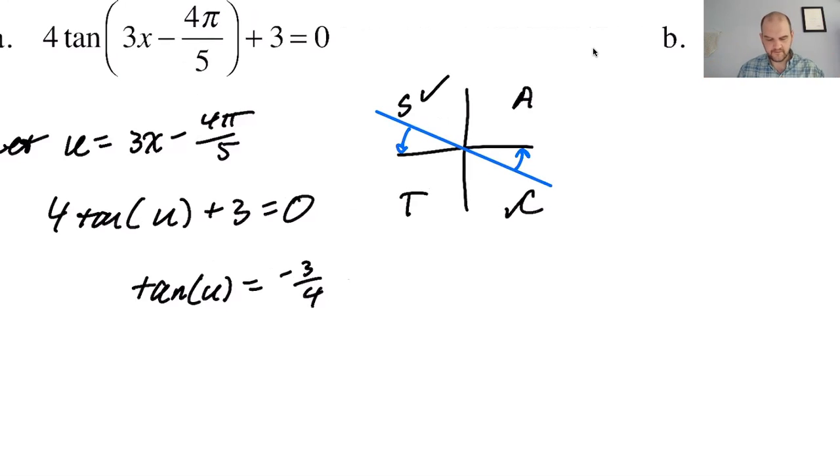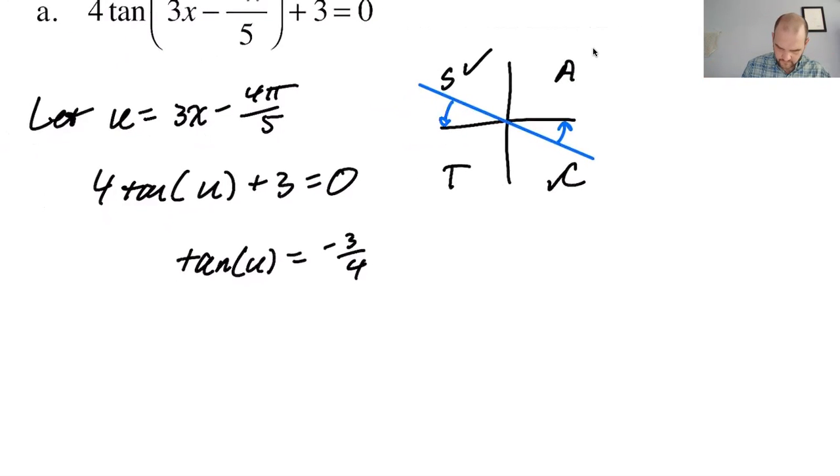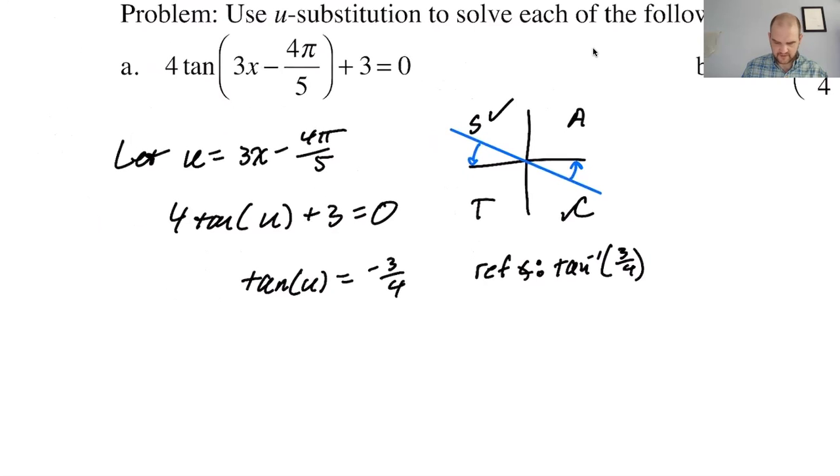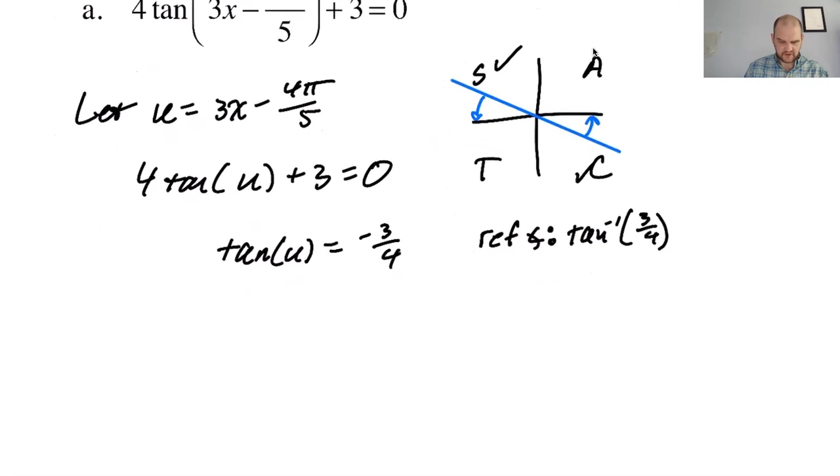I only need one. So what I'm going to do is find the reference angle. The reference angle is going to be the inverse tangent of the absolute value, so of 3/4. And then I'm just going to make sure that I put it in the right quadrant and go from there. There are a lot of ways that you can solve this.